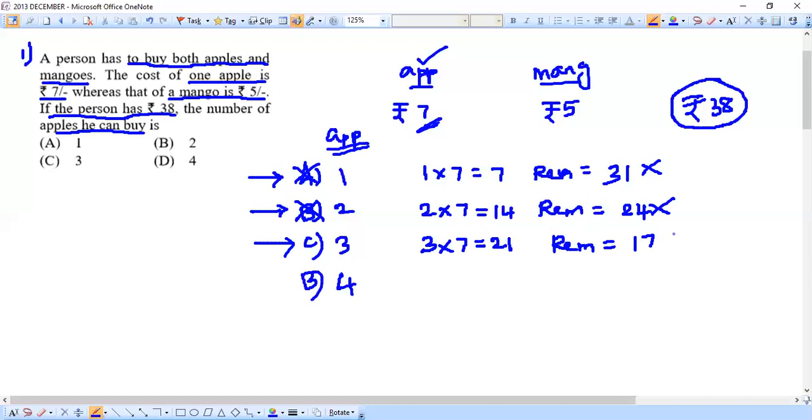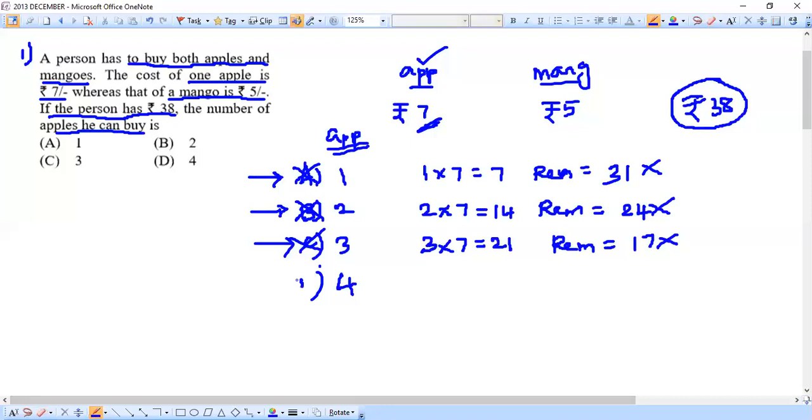That means he will have 17 rupees balance. Again, he will not be able to exhaust this 17 rupees by getting mangoes. That means this is also not our answer. So option D must be our answer.